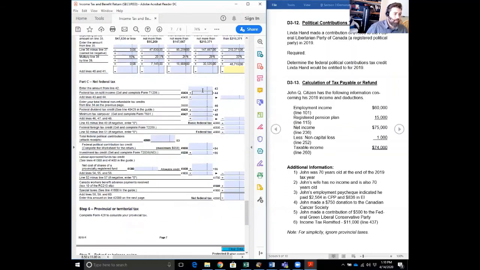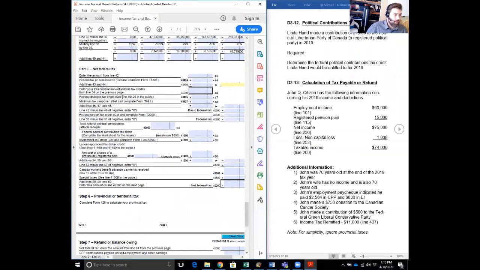So once we have calculated all those amounts, we put in our taxes owing before tax credits, federal tax on split income, which is not a part of this course, and then push that amount over to the right. Enter your total federal non-refundable tax credits.